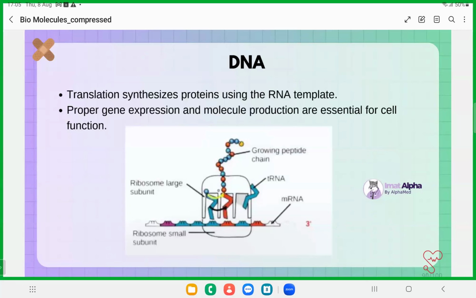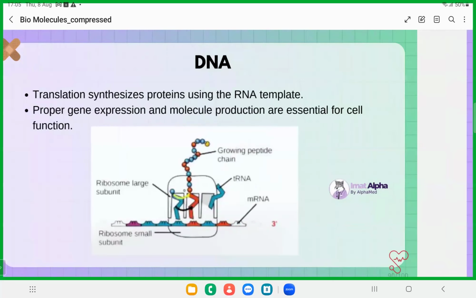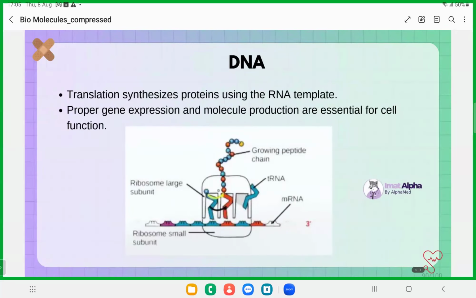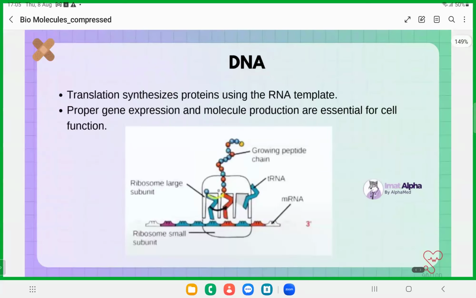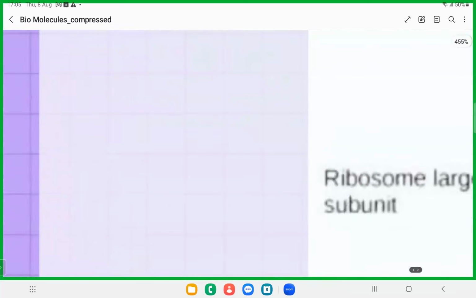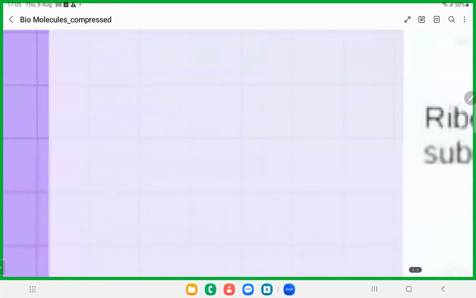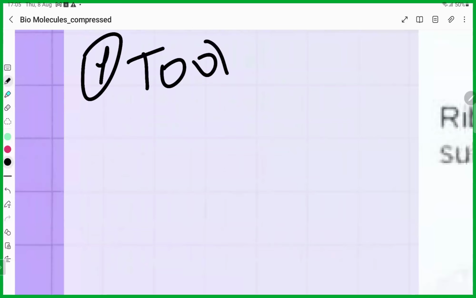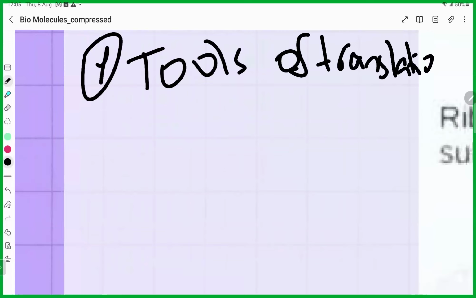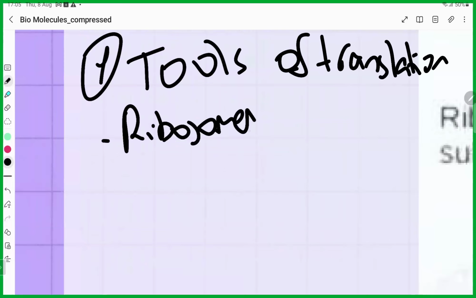So what happens in translation? Here we have the tools of translation: ribosomes and tRNA.